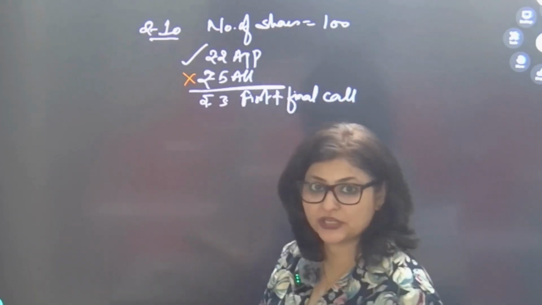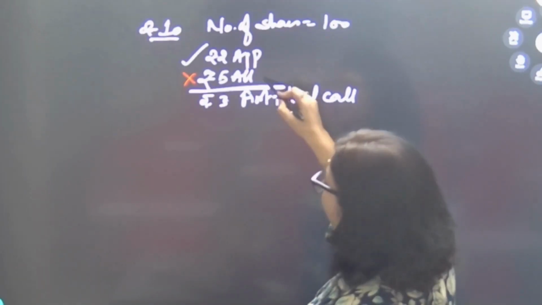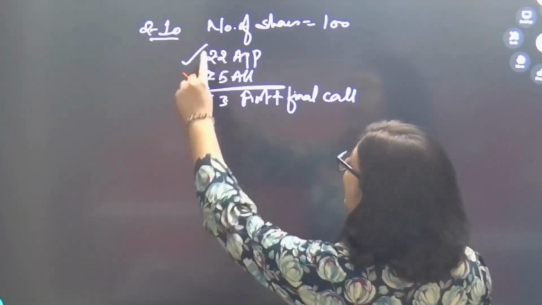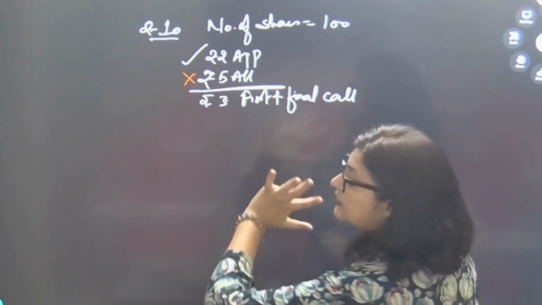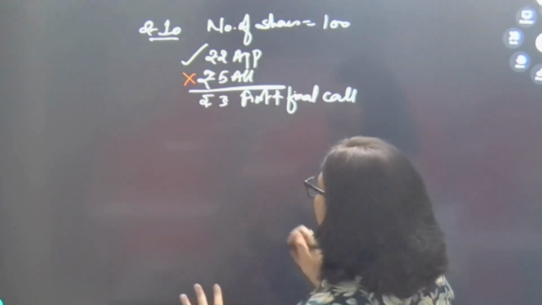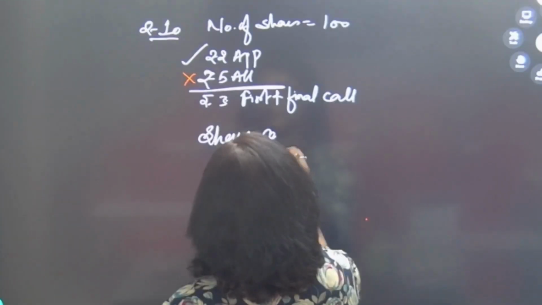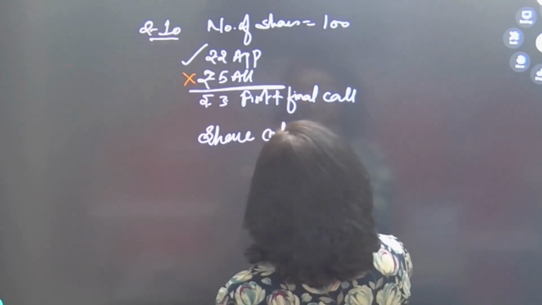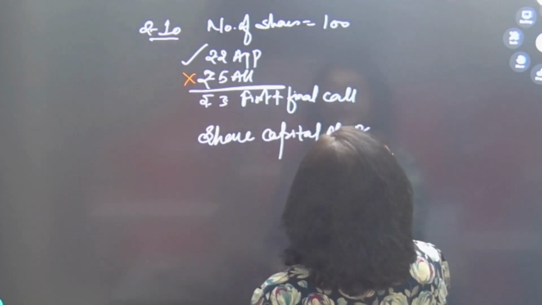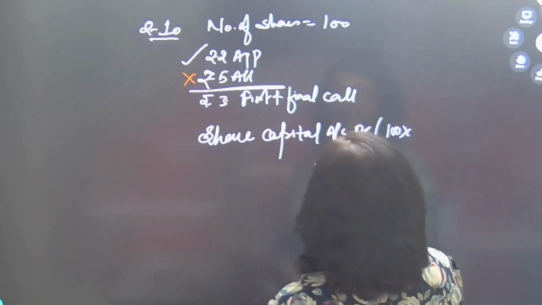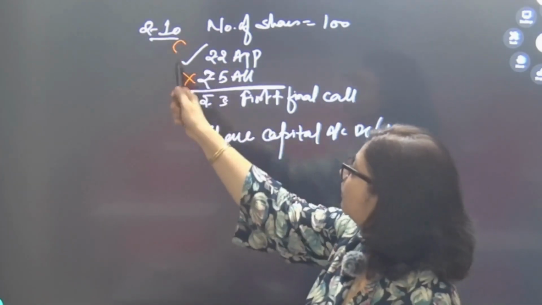Let me make a little change over here. Let's say company has forfeited his shares here only after the allotment and the final call is not being called from him. In that case, what will be the entry? The entry will remain same, only the figures will change. Share capital account will get debited, but this time we will not write 100 multiplied by 10 because company has called only till here.